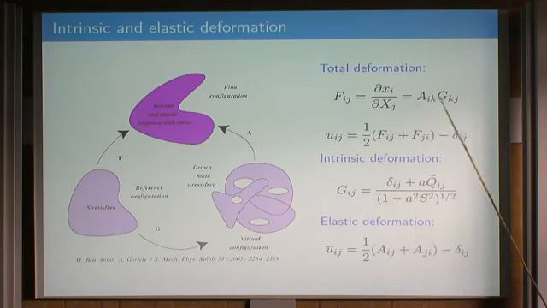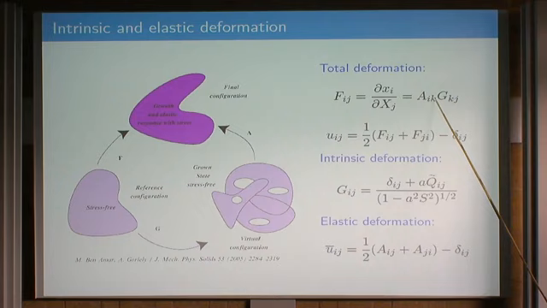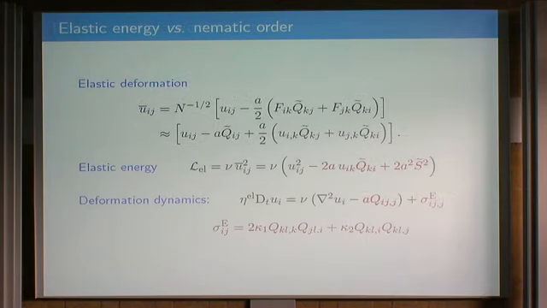And so, what remains? This is the observed deformation, but the elastic energy depends only on the elastic part of deformation. This elastic deformation can be diagonalized, and only this has to enter the elastic energy.